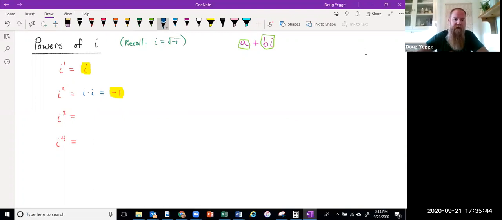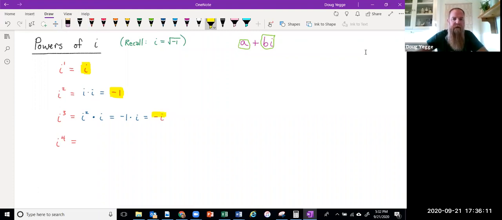So let's continue with i to the third. Why don't we rewrite i to the third in terms of i squared and i, since I already know what those are? So I know i to the third is i squared times i, so I could rewrite that as -1 times i, which means that i cubed is negative i.